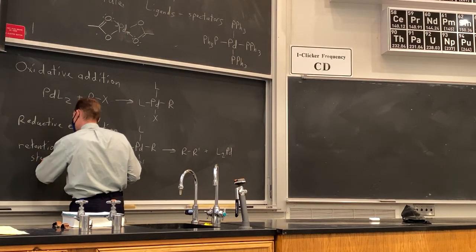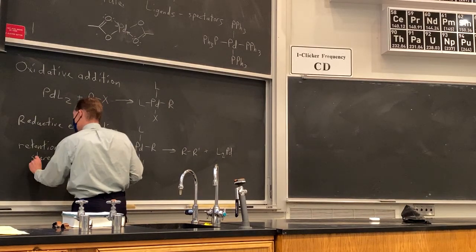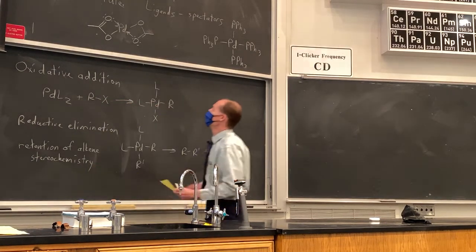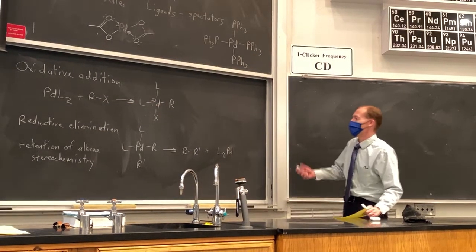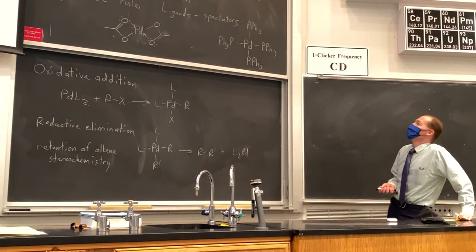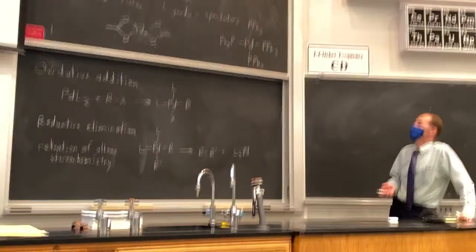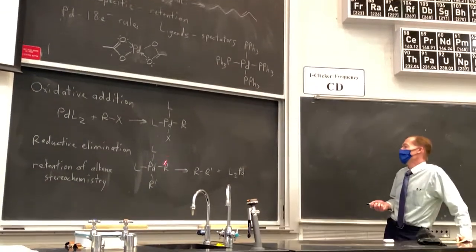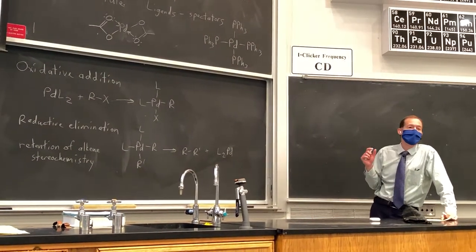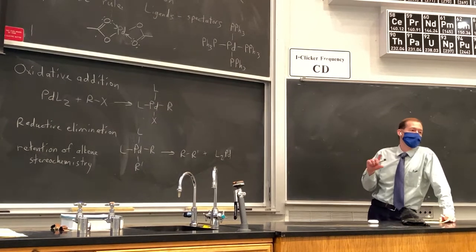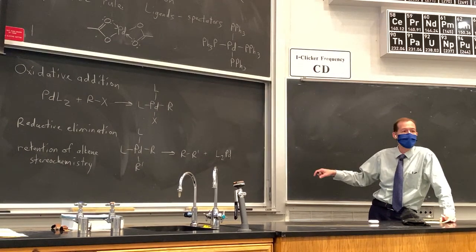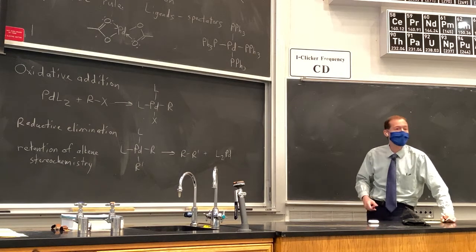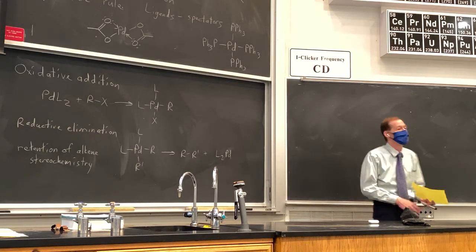Okay, so much like we saw with the cuprates, the organocuprate couplings, it's stereospecific. And we retain the stereochemistry in the vinyl halides or in the cuprates. If one of these R groups is an alkene, if it's cis, it's going to be cis in the product. If it's trans, it's going to be trans in the product. Okay, so we're going to see retention of our alkene stereochemistry.